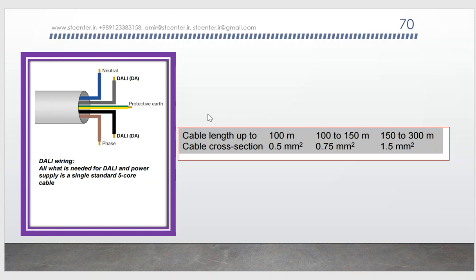Okay, and then to energize the DALI drivers with the utility mains power, you have neutral, earth and phase for that. So you can even use a very simple 5 by 1.5 square millimeter cable and connect all the drivers together.